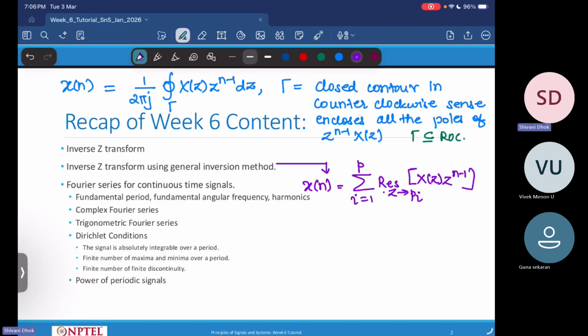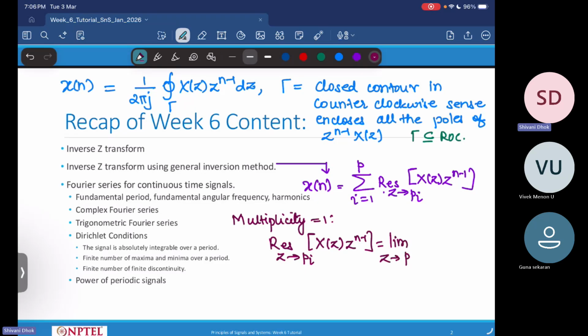And how to define this residue? It depends on the multiplicity of your pole. If the multiplicity is 1, then the residue of z at pi of x of z, z to the power n minus 1, is given by limit z tending to pi of z minus pi times x of z, z to the power n minus 1.